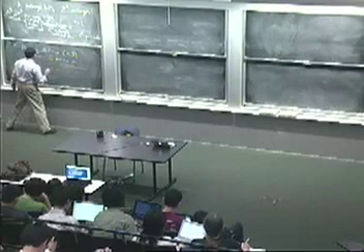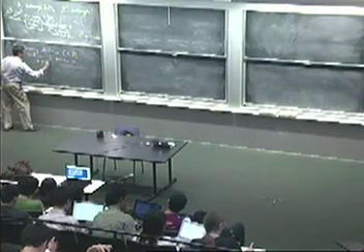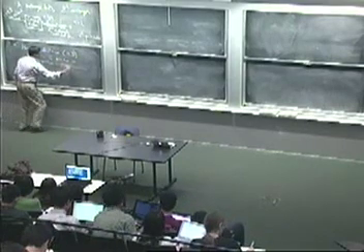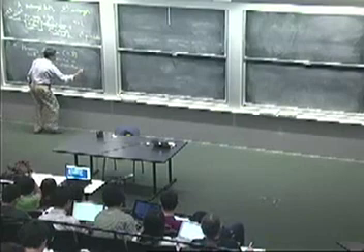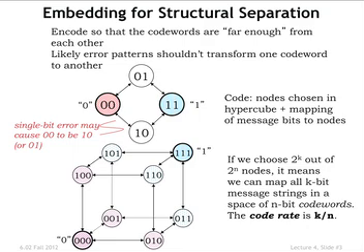And this is the number of positions in which they differ. Okay? So it's a very simple notion of distance between bit strings or binary digit strings. All right.